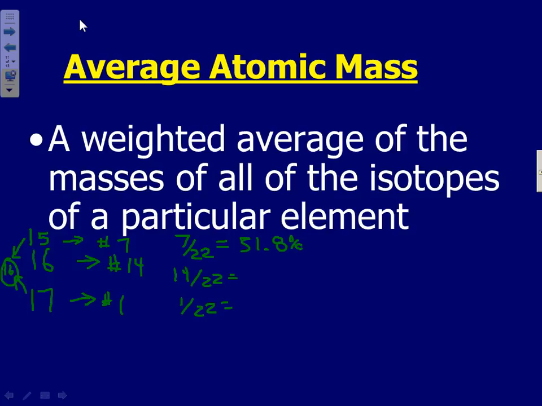Second one: 63.6. Nice. And the last one: 4.5. How can we check if we're correct? Add them up. What should be true? Should be 100. We're looking good? Yeah, we're getting really close.